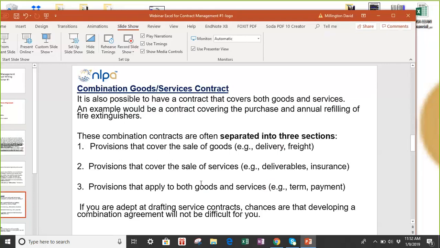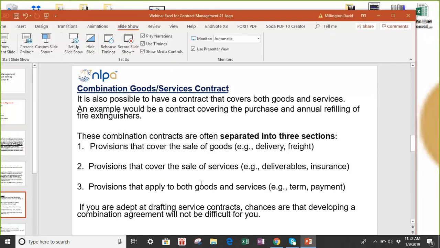Then the next type of contract that occurs in supply chains would be the combination of goods and services, where, for example, a procurement professional would procure a machine. If you're in a bakery environment, you would buy, let's say, an oven, and that oven would come with a service agreement or type of warranty, or it could come with the service of the setup of the oven and the service of that oven over time.